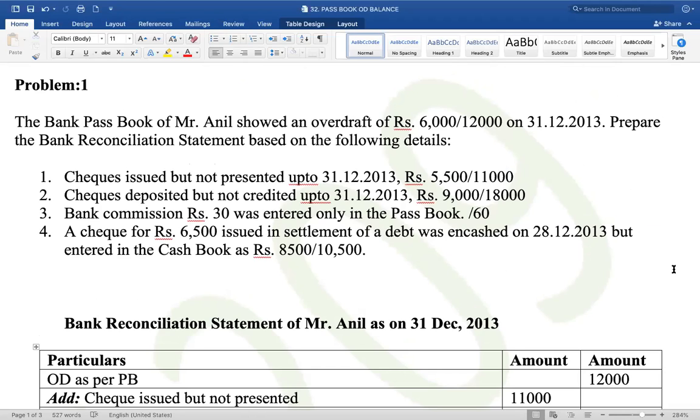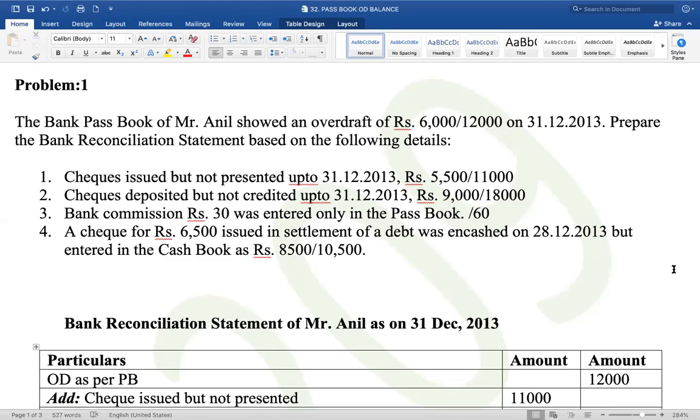A check for 6,500 issued, okay? And the same is entered in the cash book as 10,500. 6,500 check you have issued, and the cashier has written it in the cash book as 10,500. But the banker has recorded it correctly as 6,500 only.